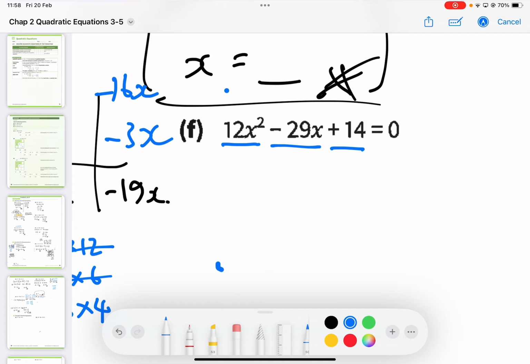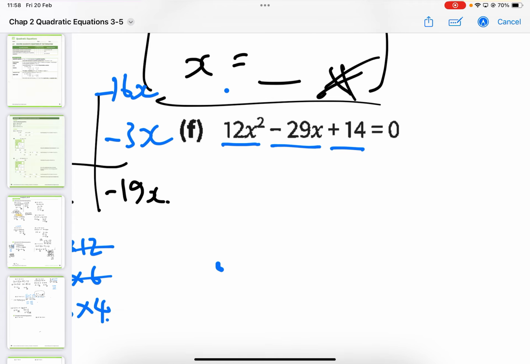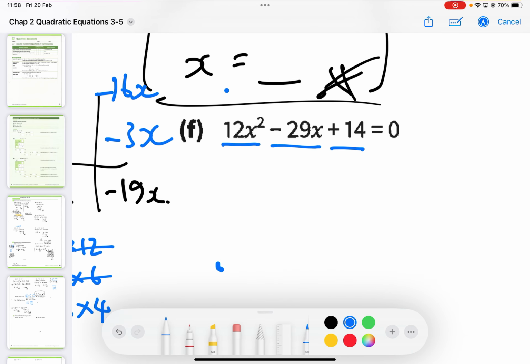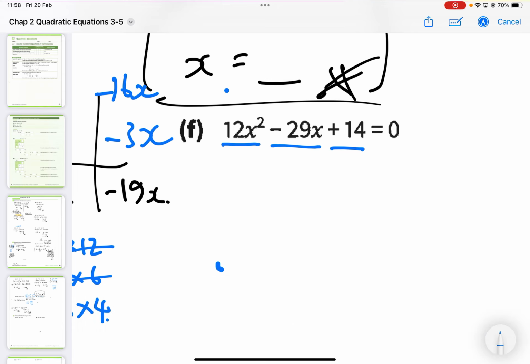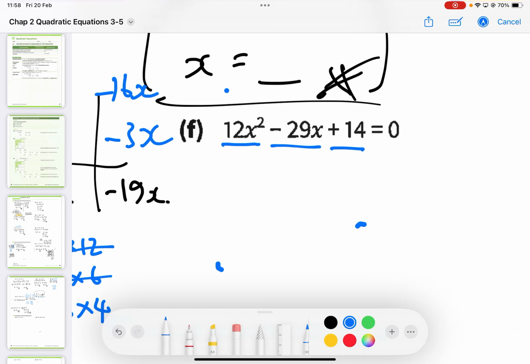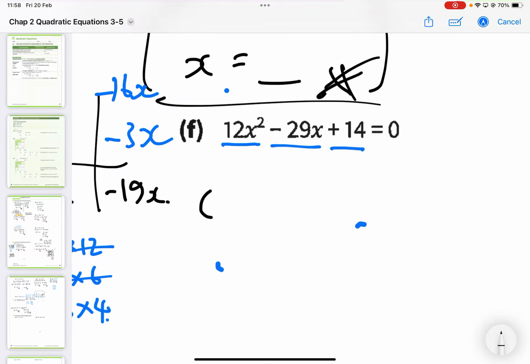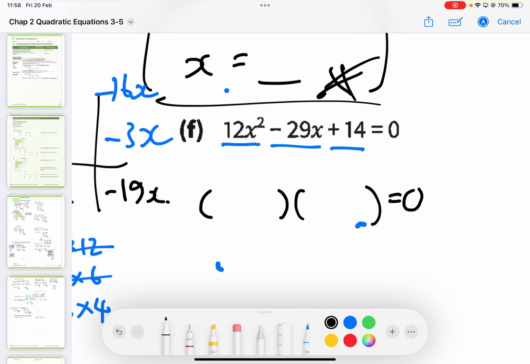If I want to solve this equation, the first method that we learned today, or these 2 lessons, is factorizing. So I must be thinking, am I able to factorize them into 2 brackets? If I can factorize them into 2 brackets, I will be able to solve, because each of the brackets equals 0.